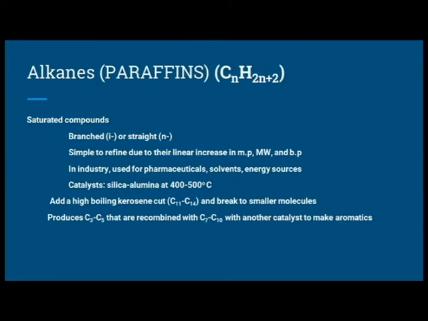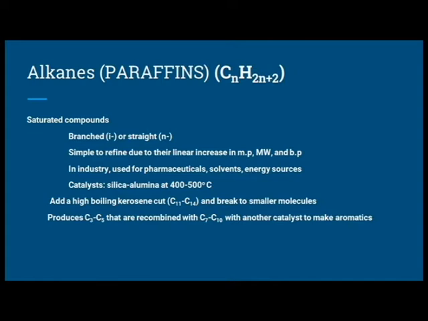Alkanes, also commonly known as paraffins, can come in branched or straight forms. In terms of catalysts, these are the simplest to dissociate. The catalysts most commonly used are silica alumina at 400 to 500 degrees Celsius in the refining process.